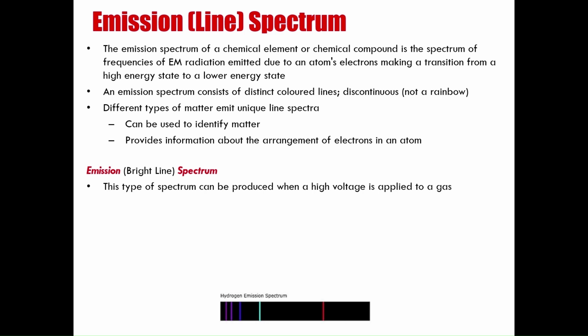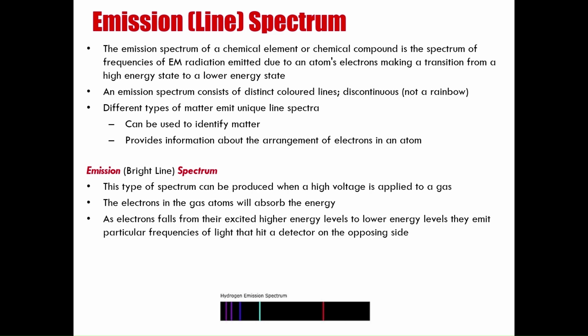This type of spectrum can be produced when high voltage is applied to a gas. There's a diagram on the slide to come. We'll get to that and I'll fully walk you through that. The electrons in the gas atoms will absorb the energy, okay? And when they absorb these energies and get to a high excited state, they then fall to a lower energy state or their ground state.